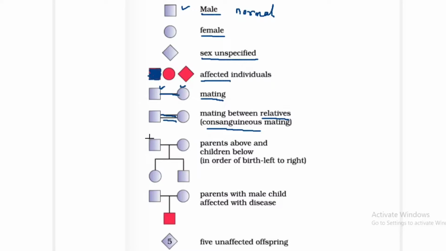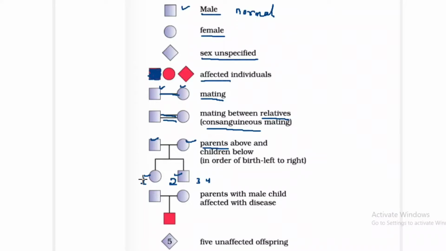Now here these two are the parents and these two are the children. And who is the first child? From left to right, here it is the first child, and here is second, and like that third, fourth, we can do as many children as possible.